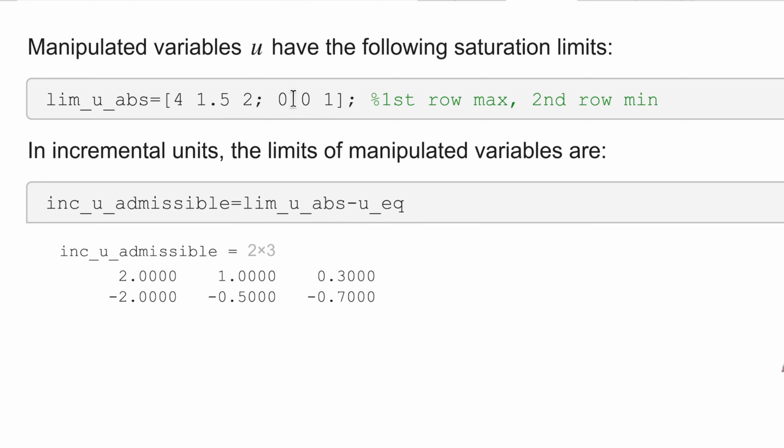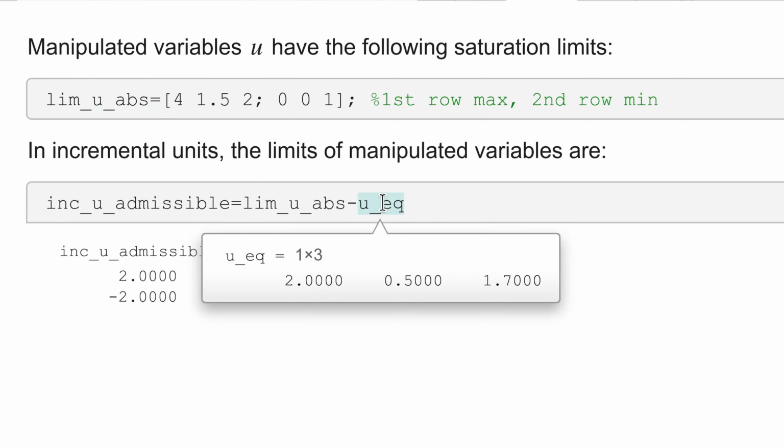As we are using a linearized transfer function model, we will translate these absolute limits to incremental limits, which are the actual inputs and outputs to my linearized model. If I subtract the operating point from these absolute limits, then for instance the first variable, which ranges between 0 and 4, if the operating point is exactly at the center, 2, then increments will be from +2 to -2.